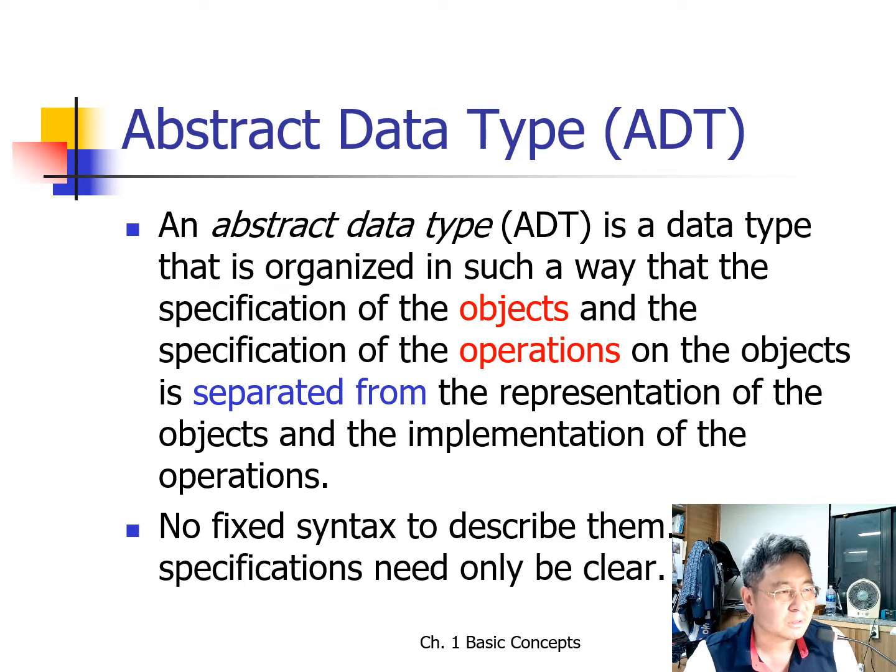In short, it is called ADT, abstract data type, which consists of objects and operations, independent of the implementation of the operations. Implementation is the next step after this design phase.